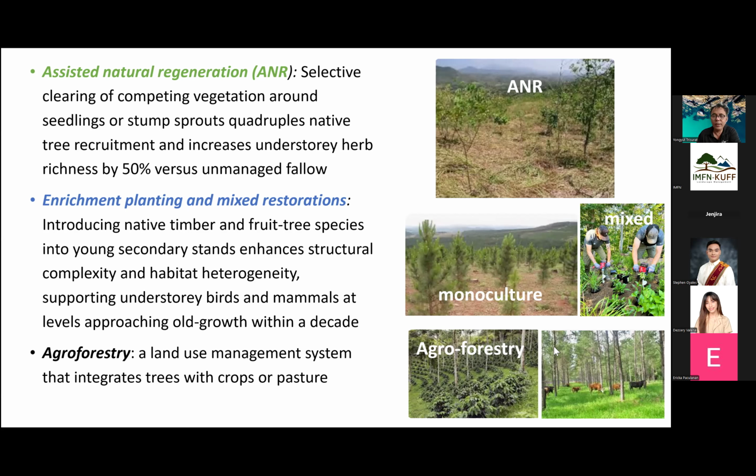So here we associate agriculture and forestry at the same time, because forestry activity takes a long time. For example, fast-growing trees take 5 to 6 years before harvesting, such as eucalyptus or acacia.